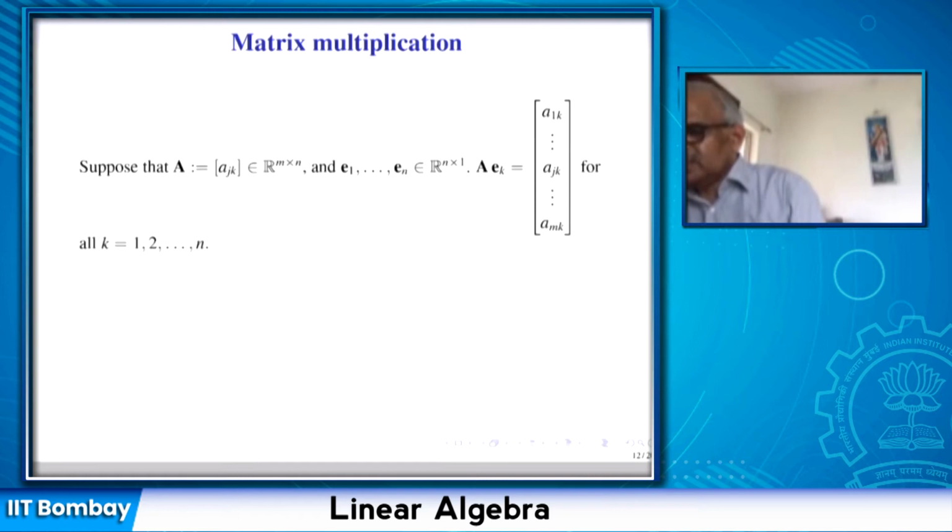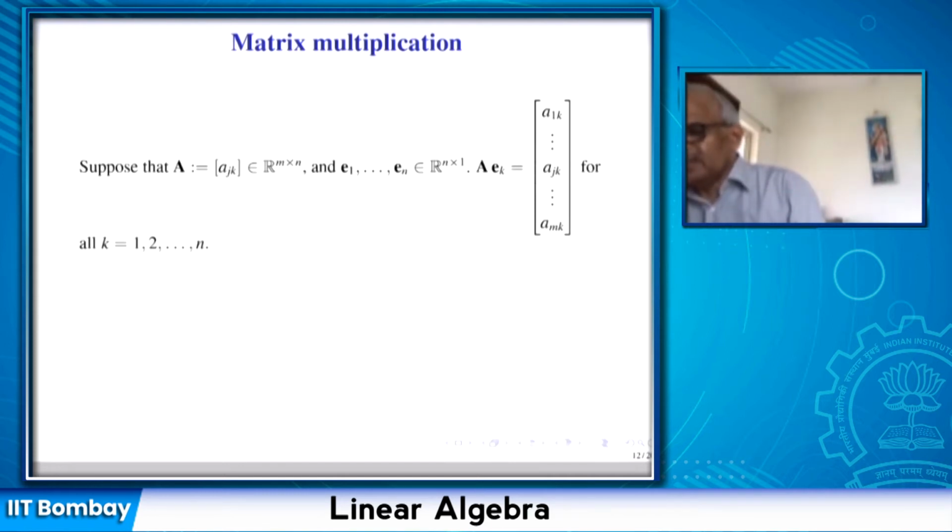Just use the definition of the product of matrices. EK is a matrix and A is a matrix, and this product is a column vector, and this is the kth column vector. So given my M by N matrix, if I want to extract the first column, I simply multiply A on the right by E1. If you want to extract the second column, multiply A on the right by E2, and so on.